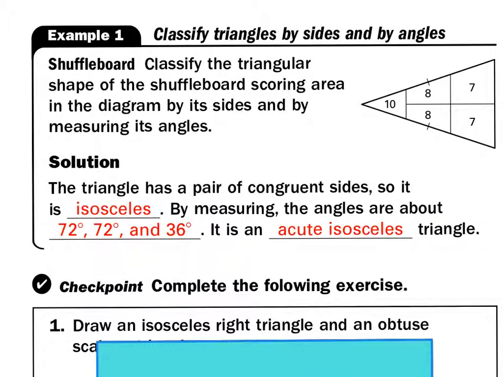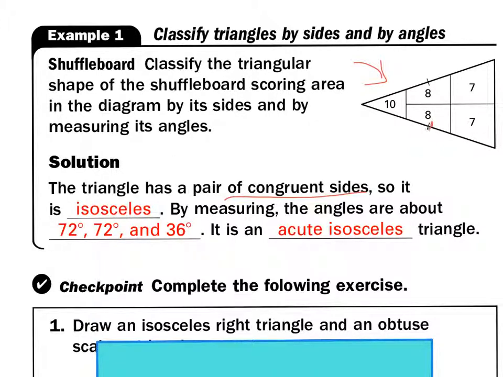Let's look at this example here. Shuffleboard. Classify the triangular shape of the shuffleboard scoring area in the diagram by its sides and by measuring its angles. So if you look at it on the right hand side, we've got the shuffleboard here, and the solution is right here. The triangle has a pair of congruent sides.